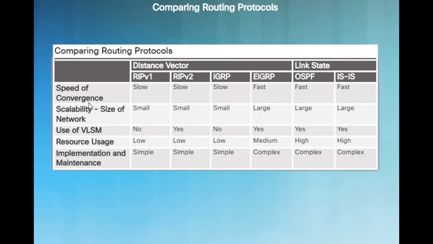Speed of convergence defines how quickly routers in the network topology that share routing information reach a state of consistent knowledge. The faster the convergence, the more preferable the protocol is.